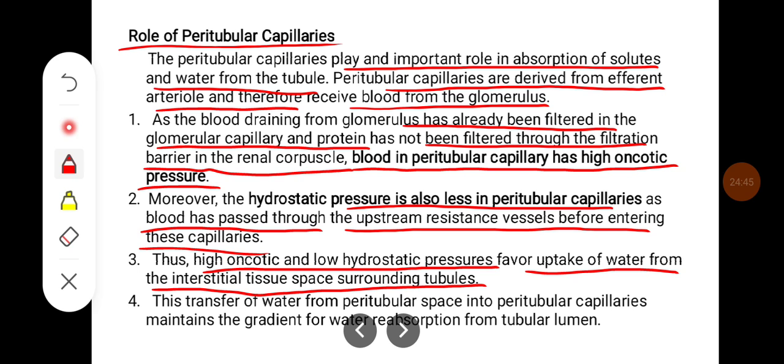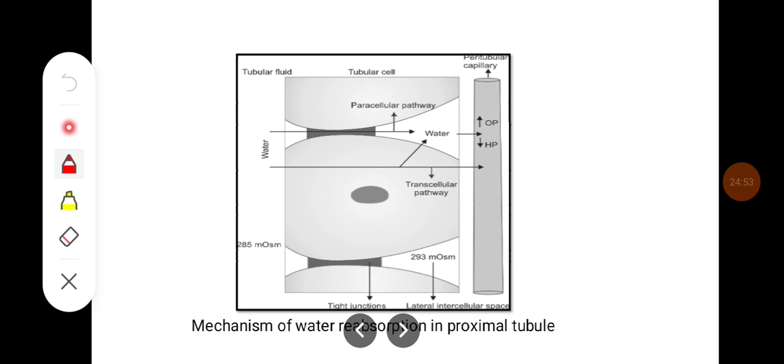This transfer of water from peritubular space into the peritubular capillaries maintains the gradient for water reabsorption from tubular lumen. So this is how the water gets reabsorbed from the proximal convoluted tubule through the paracellular pathways and through the transcellular pathways.